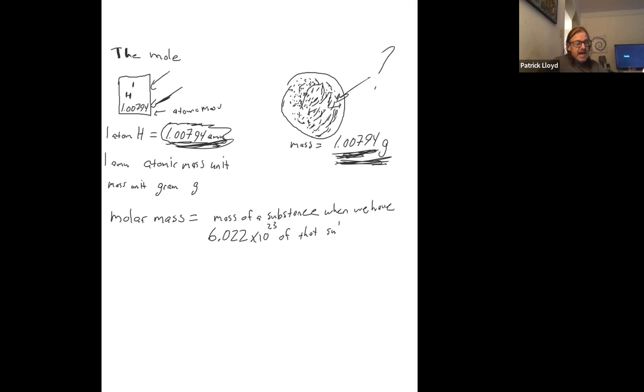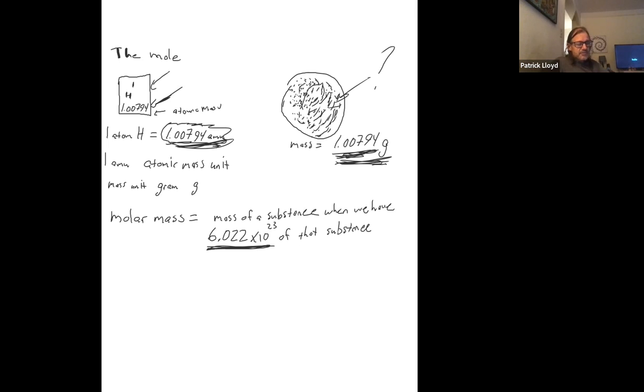It turns out that the number of hydrogen atoms it would take to give you 1.00794 grams is approximately this number. This is an estimate, right? So, you'll see this number in ALEKS out to like 7 or 8 significant digits. I'm only writing it out to 4, but look, it's a big number, right?